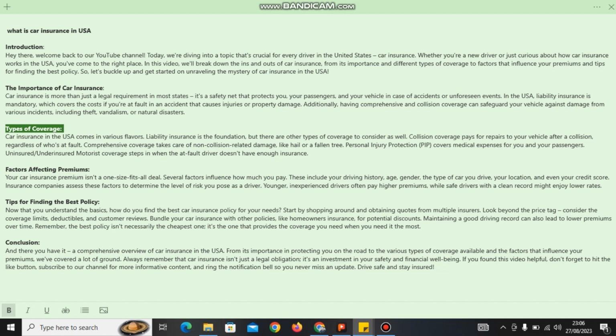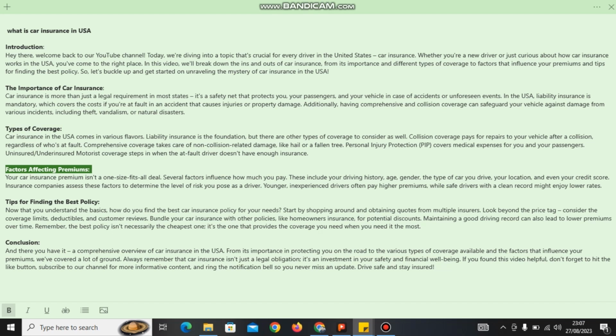Comprehensive coverage takes care of non-collision related damage like hail or a fallen tree. Personal injury protection, or PIP, covers medical expenses for you and your passengers. Uninsured motorist coverage steps in when the at-fault driver does not have enough insurance.